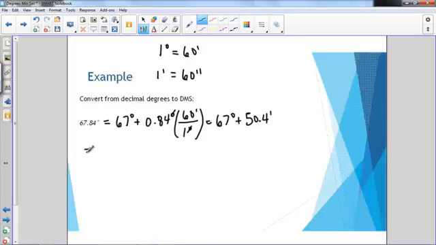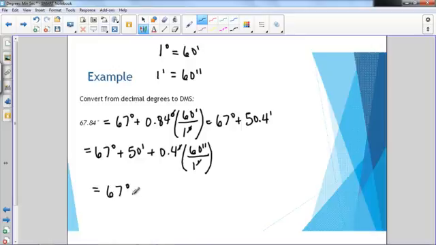Again, rewriting this into parts, I'm going to get 67 degrees plus 50 minutes plus 0.4 minutes. Now on my last term I need to get rid of the minutes. 1 minute equals 60 seconds. Now my minutes will cancel. So I'm left with 67 degrees plus 50 minutes.